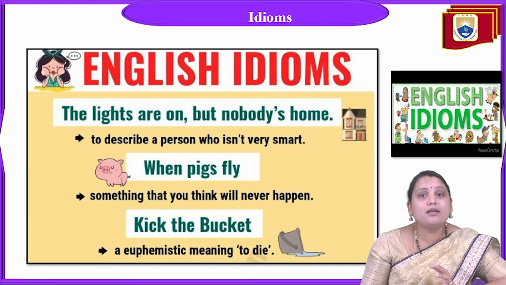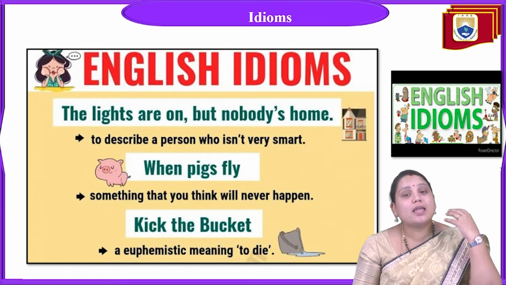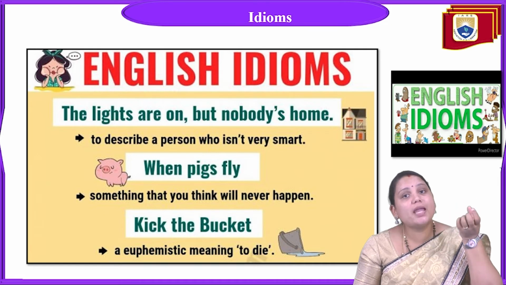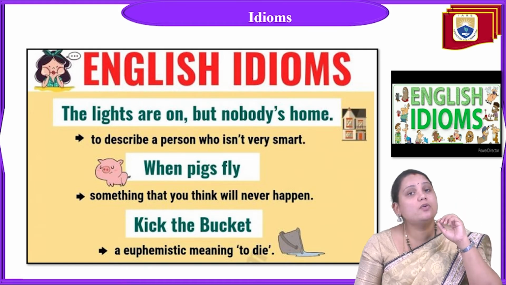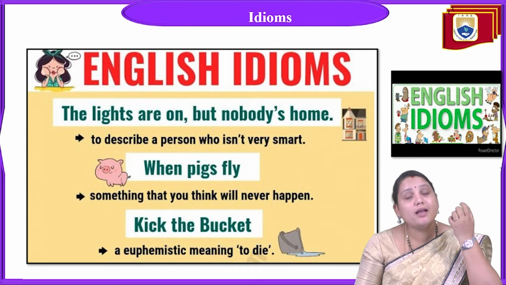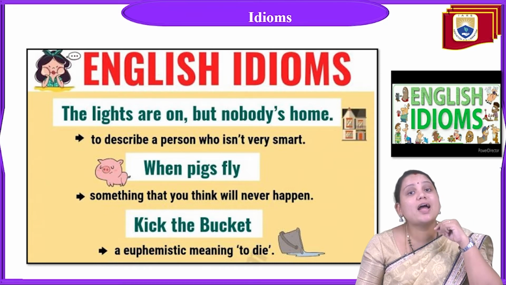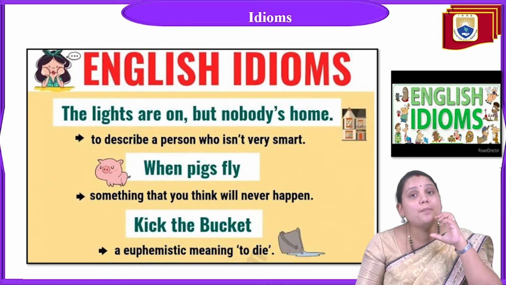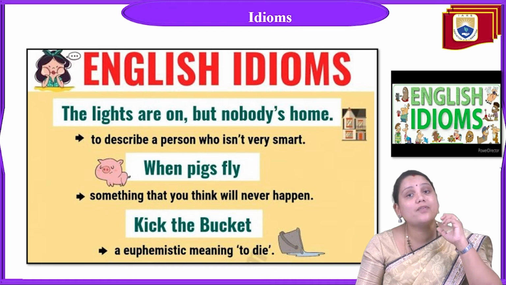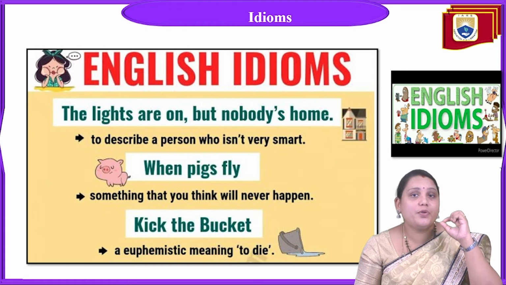So, like that, we are going to use the idioms with appropriate meaning. With the usage of appropriate meaning, the idioms beautify your language. They help you in making your language more expressive and also more beautiful.